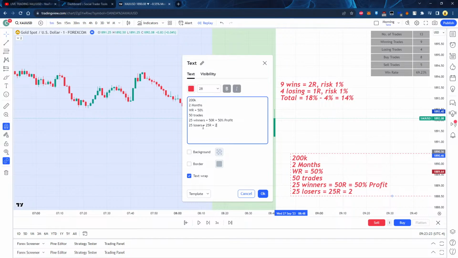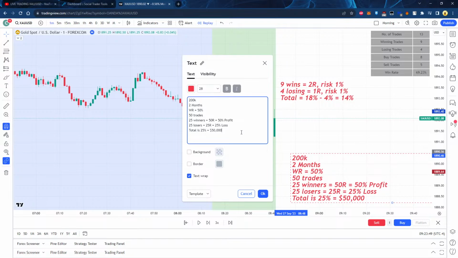We're not counting break-evens. So the total is basically 25% in 2 months. Now, on a 200k account, that's still a lot of money, right? Maybe on your private account, it's not a lot of money.